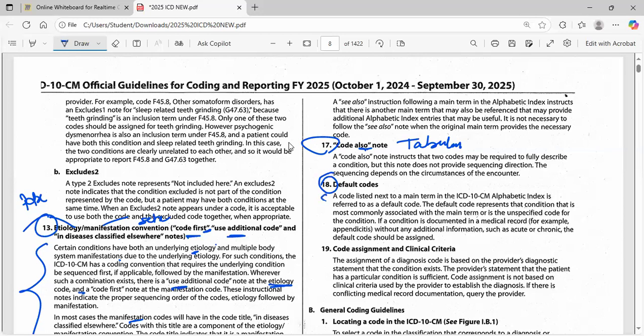Next, we have default code. The code listed next to the default term is known as the default code. I already told you the default term is the term listed in black bold letters. So I'm going to pull a particular example here.